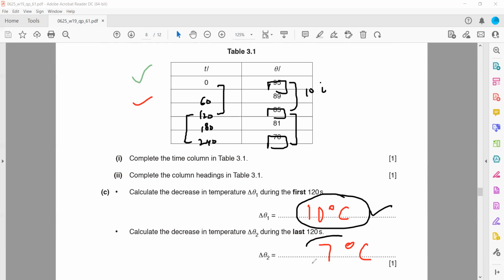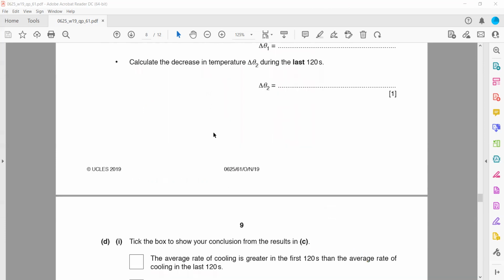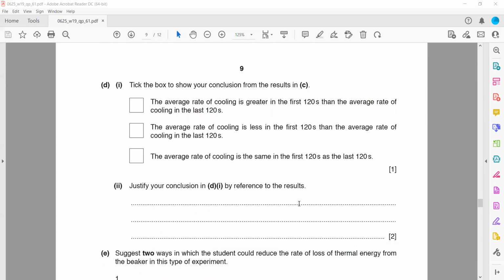But in the last 120 seconds, it cooled down or decreased the temperature by only 7 degrees. So which one was faster cooling? Which one was a greater rate? Initially it was faster and later it is slower. So which box should we tick? The average rate of cooling is greater in the first 120 seconds than in the last 120 seconds.